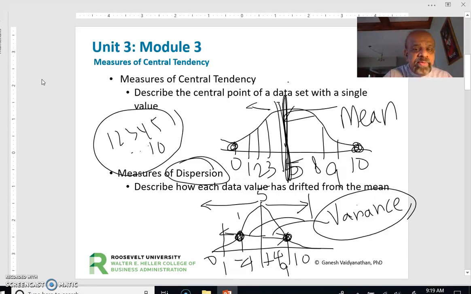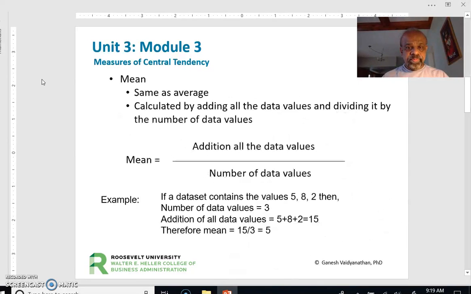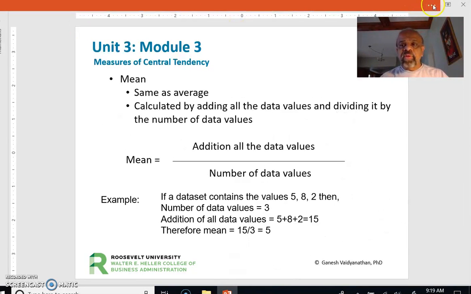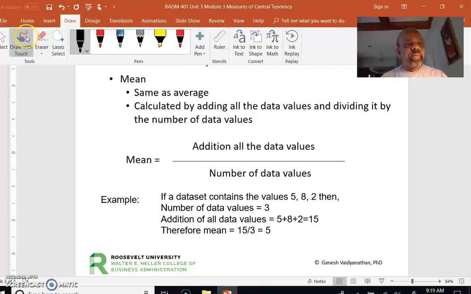This is negative, and this is positive. So 9 is 4 positive to 5, and 1 is 4 negative to 5, right? And that is the variance we are talking about. So we can look at the same data from different angles. Let's explore further. The first thing we want to talk about is what is called mean.